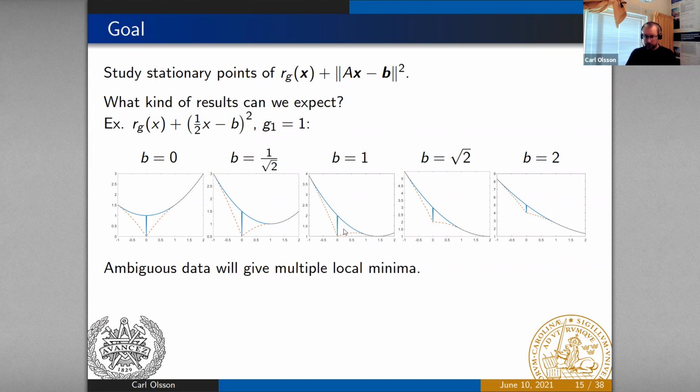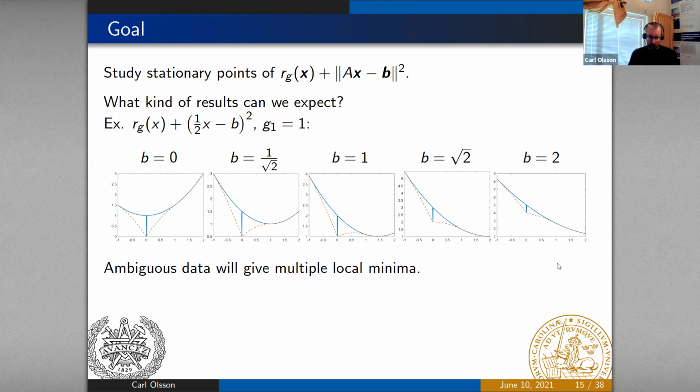If I keep increasing it, so here B is 1, then we have 2 global minima that are equally good. And then if I keep increasing it, it's still a stationary point here in the origin, but this is like the highest value. If I increase it even further, then there is only one minimum somewhere to the right here.